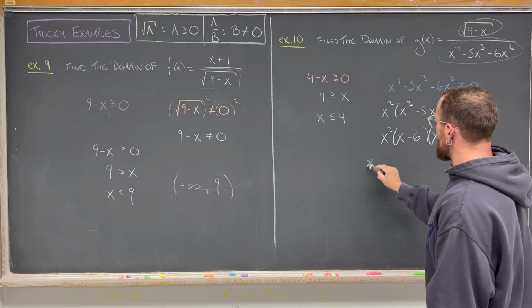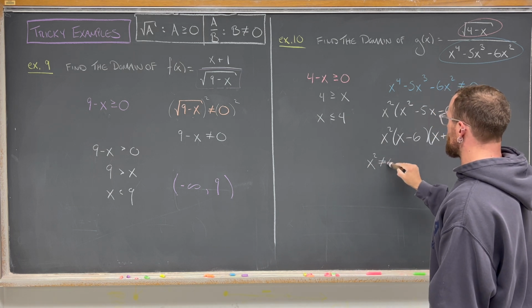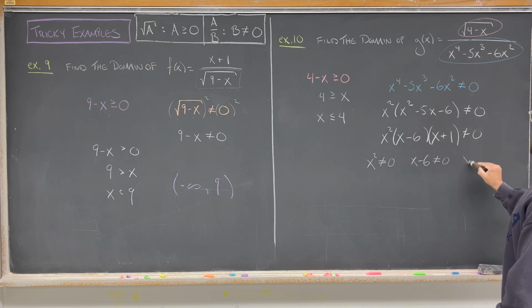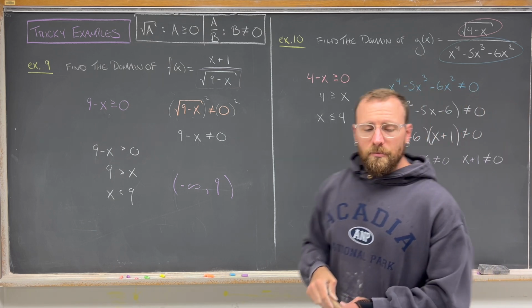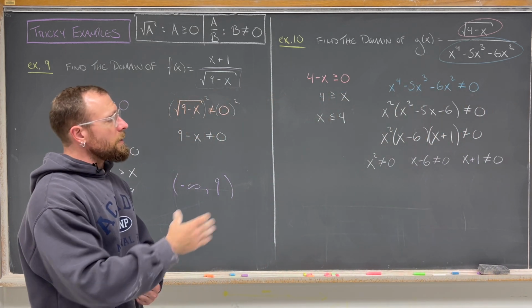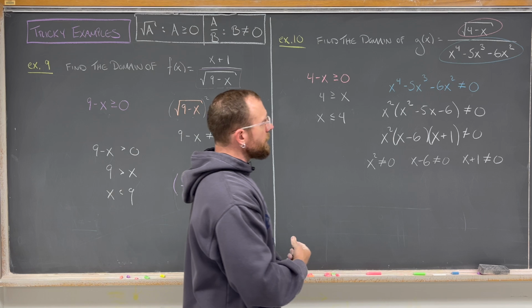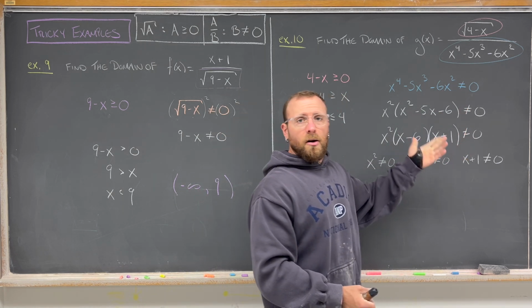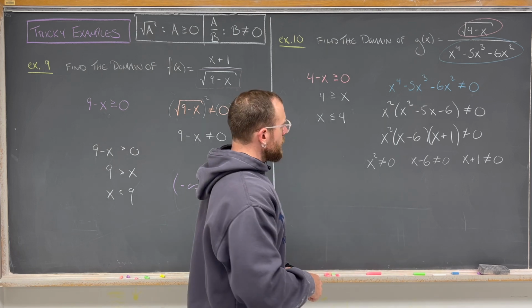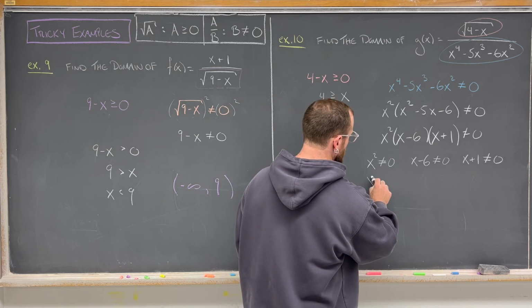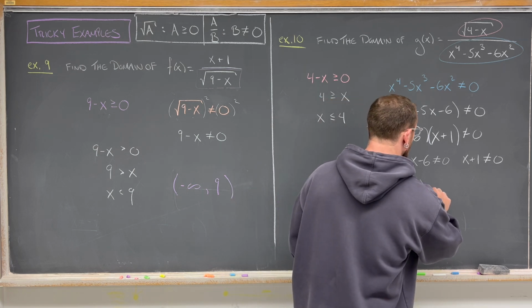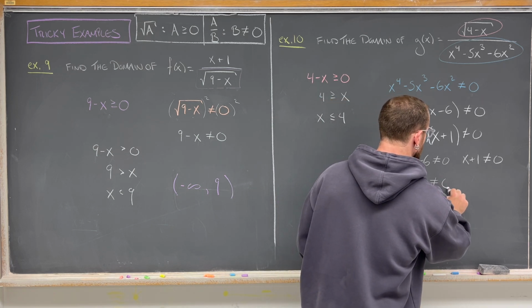And this tells me that x squared cannot be 0. x minus 6 cannot be 0. And x plus 1 cannot be 0. Notice that I'm making all of the moves that I would normally make if this was an equals sign instead of a not equals sign. All of the same rules apply. And so now I can tell you that, okay, x is not 0. x is not 6.